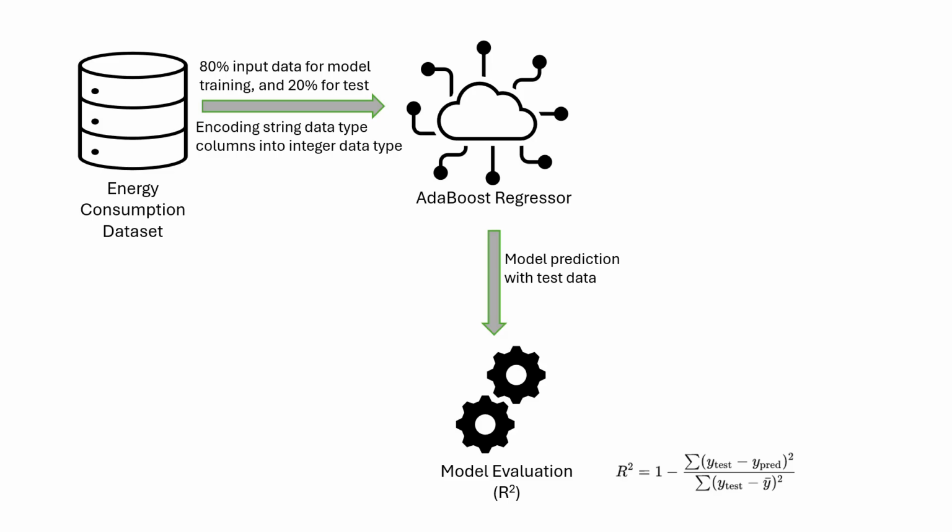A higher R-squared value indicates a better fit. This final step helps us assess whether our model is effective and whether further tuning or additional features might improve its accuracy. Encoding, model selection, training, and evaluation all work together to form a complete predictive workflow.